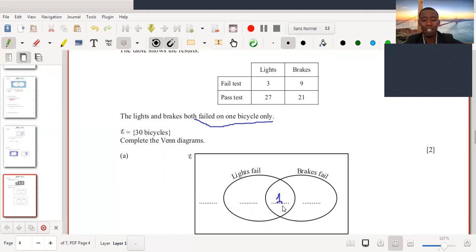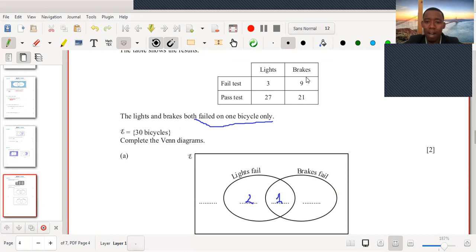And what should be the light fail? We are here in fail. Because we have the failed test, we have 3 lights. And among those 3, 1 is in both. So I'll be having 2 here.